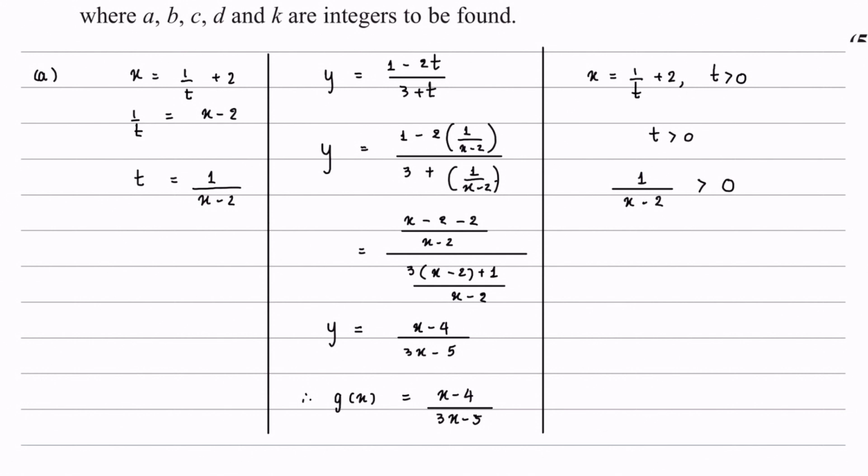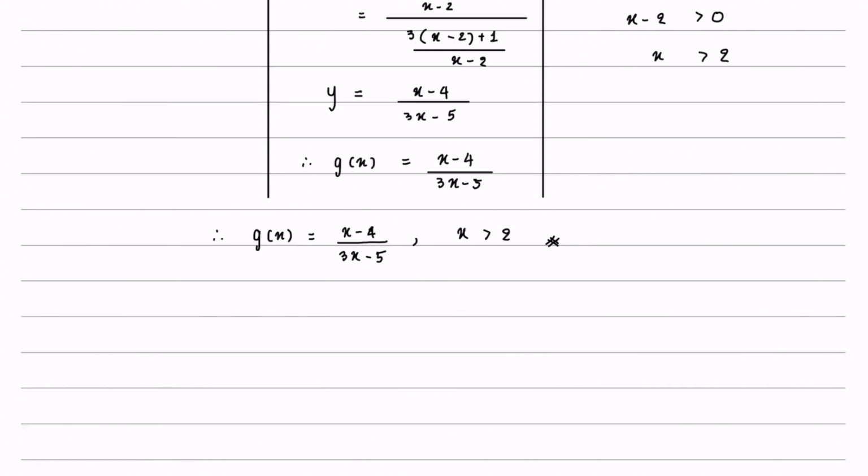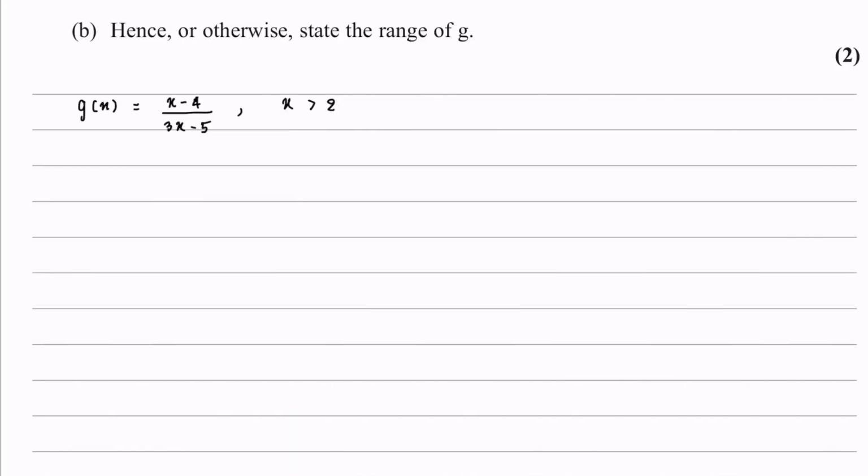That means if the reciprocal is greater than 0, itself has to be greater than 0 too. x minus 2 is greater than 0. So x is greater than 2. So the answer is g(x) equals x minus 4 divided by 3x minus 5, and the domain is x greater than 2.